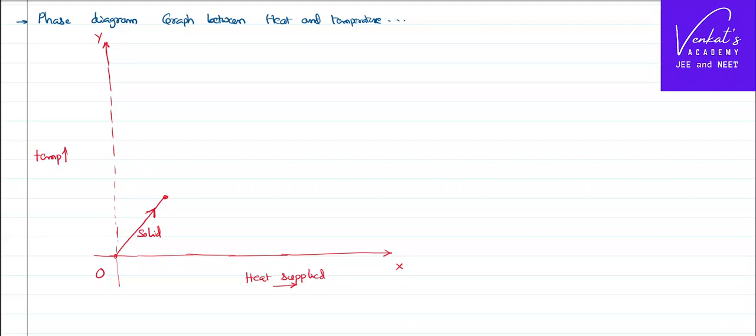But somewhere, for example, ice at 0 degrees centigrade converts into water. During the conversion from ice to water, one thing you need to understand is that the temperature, which is called the melting point here, remains constant. Why does the temperature remain constant?